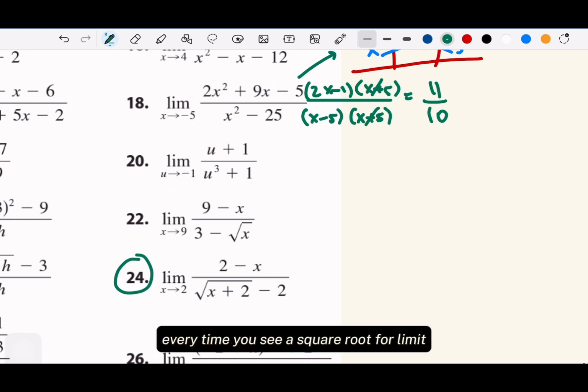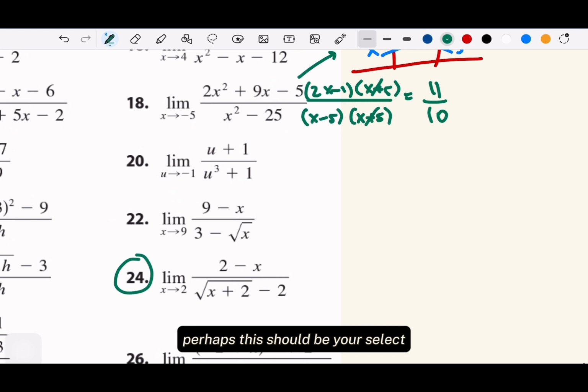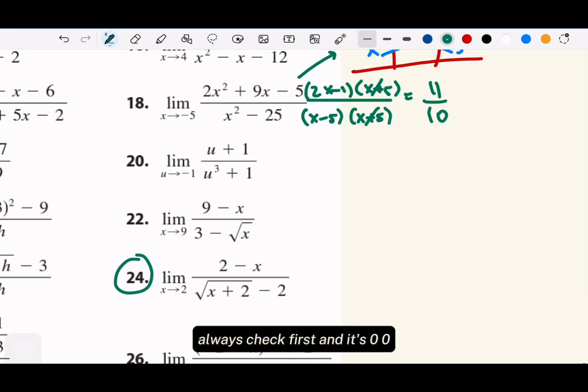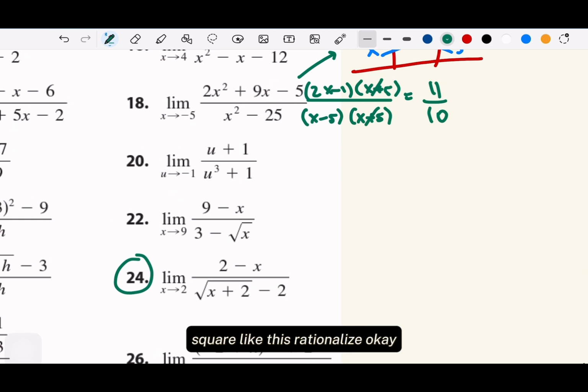Every time you see a square root in a limit, your initial thought should be that perhaps this should be rationalizing. But sometimes there are tricky questions that usually need direct substitution. So always check first. And if it is 0 over 0, and there is a square root like this, rationalize. This is like a shortcut.